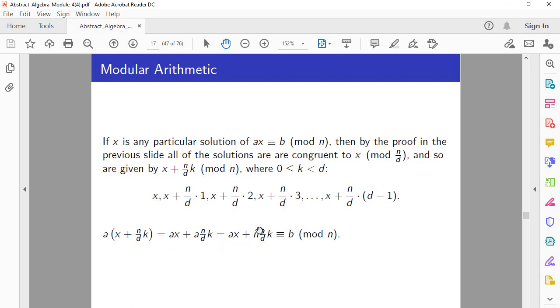Now this term is 0 modulo n, and this is b. So we see that x plus n over d k is a solution of this congruence modulo n. Okay, so that's the end of the proof.